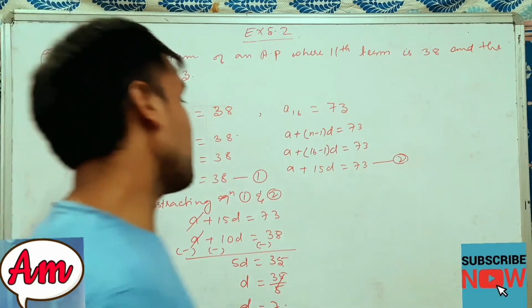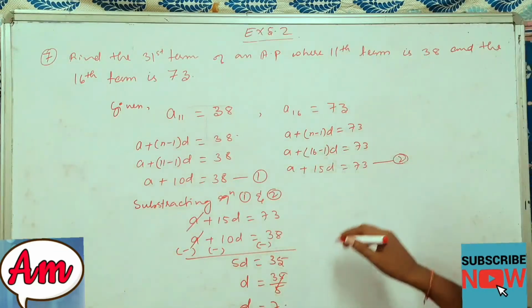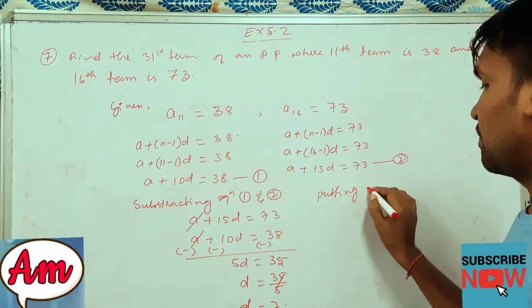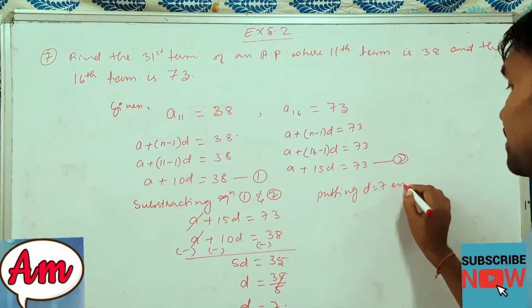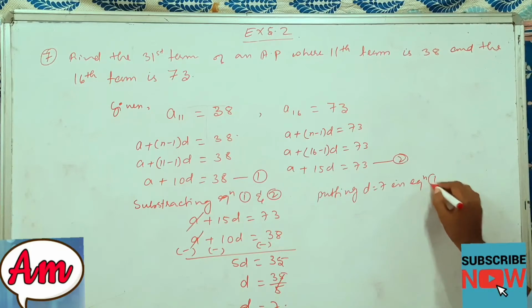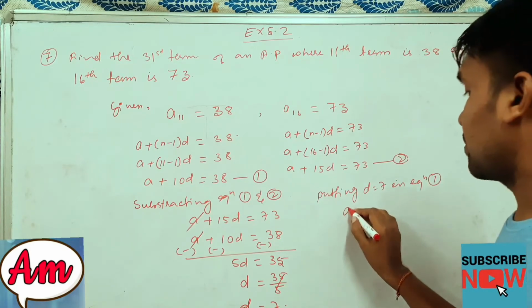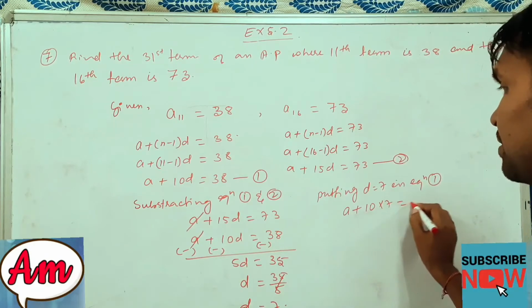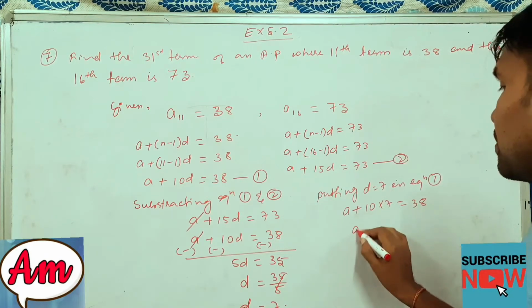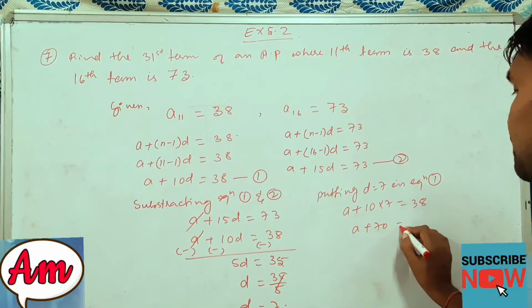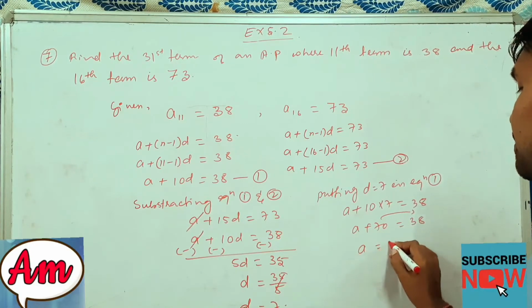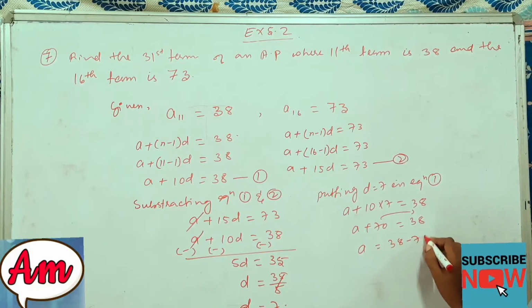Now you substitute this d value in equation number 1. Putting d equals 7 in equation number 1: a plus 10 into 7 equals 38. So a plus 70 equals 38. Now this 70 you move this side, so a equals 38 minus 70.